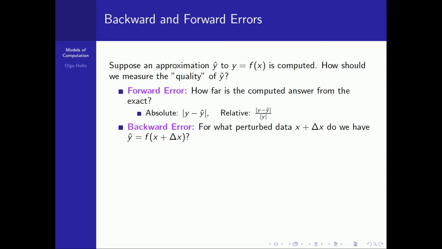So maybe it's time to draw a little diagram here. What if y hat is out of the range of f? You can still look at the backward error. Either you pretend this doesn't happen, or you artificially extend the function value.